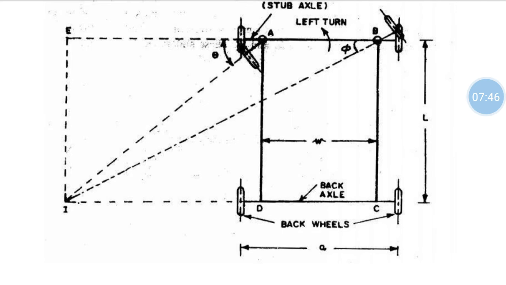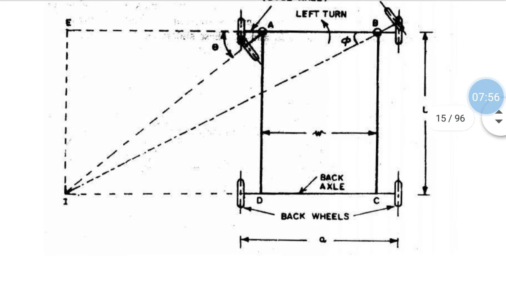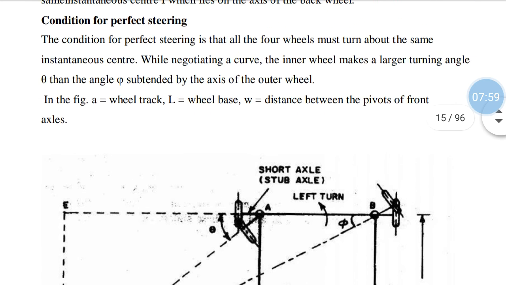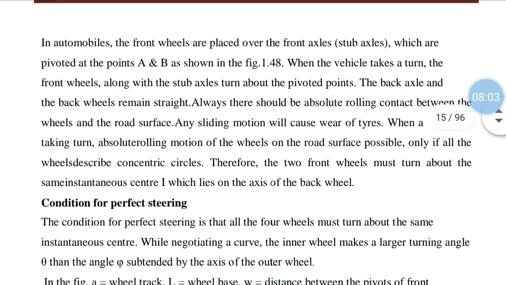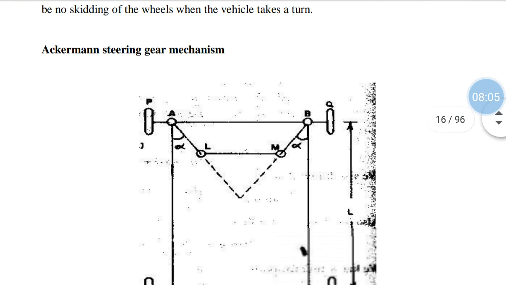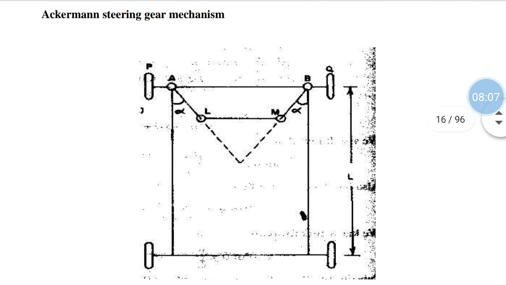If it is not coinciding at I, we need to say that the vehicle is not steering properly, and there is an abnormality in the steering mechanism. You understood? This is related to the steering gear mechanism. And for you people, they are going to ask for the Ackermann steering gear mechanism.